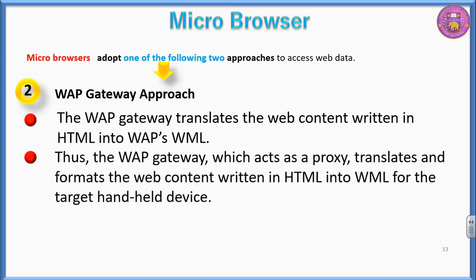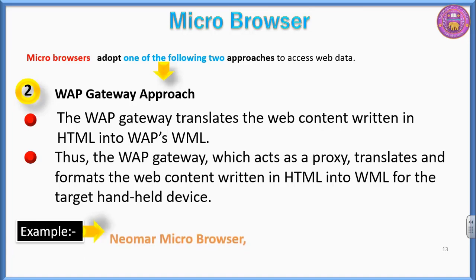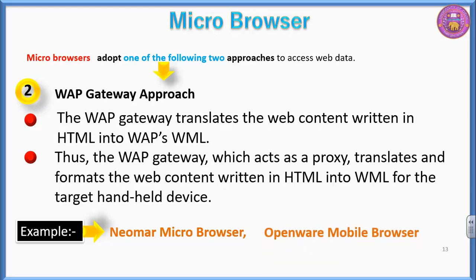Thus, the WAP gateway, which acts as a proxy, translates and formats the web content written in HTML into wireless markup language for the target handheld device. Example is Neomar micro browser, and the second example is OpenWave mobile browser. These two browsers make use of WAP gateway approach.